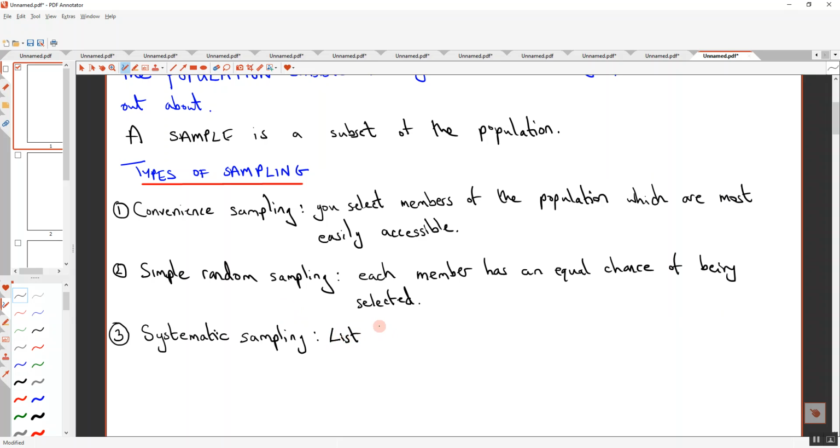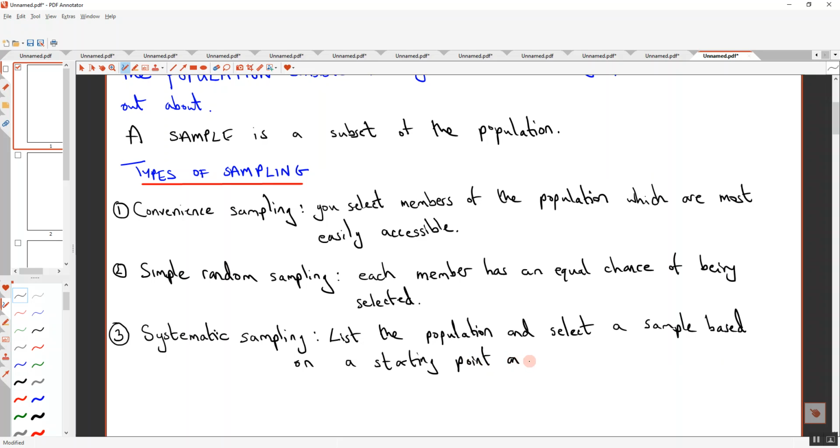So you list the population and select a sample based on a starting point and a fixed interval.